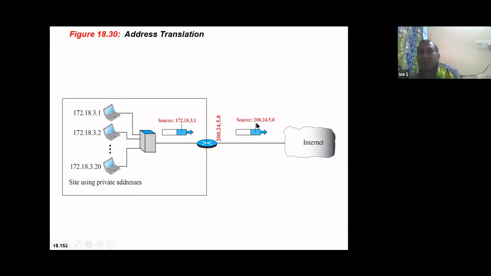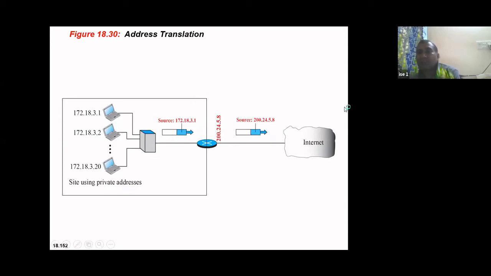So now you see the source address becomes the global address 200.24.5.8, while before it was a local address only. And here the table is built. The moment a packet comes, the table is built.